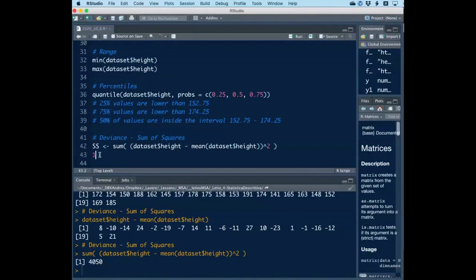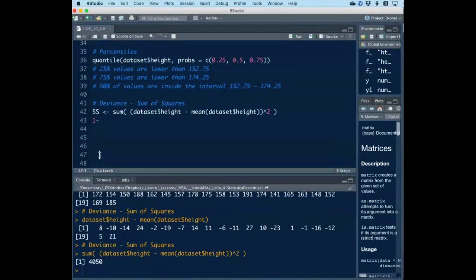First aspect about the deviance, which we may not like much, the measurement unit is squared. And this is the first problem about the deviance.